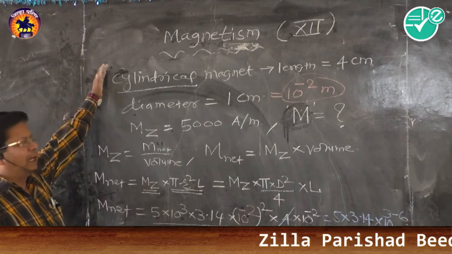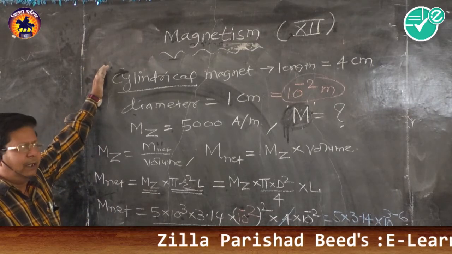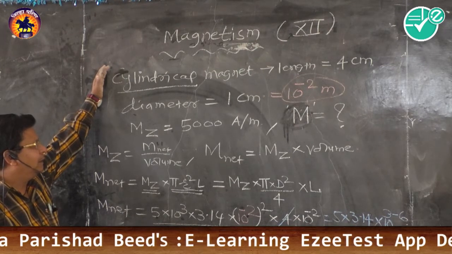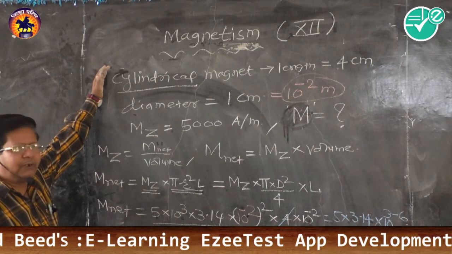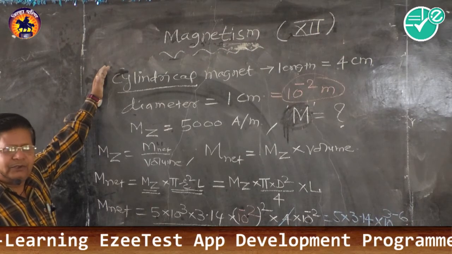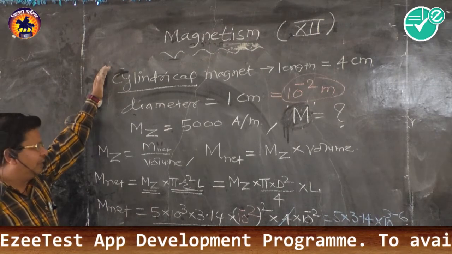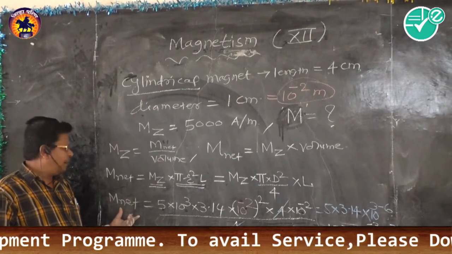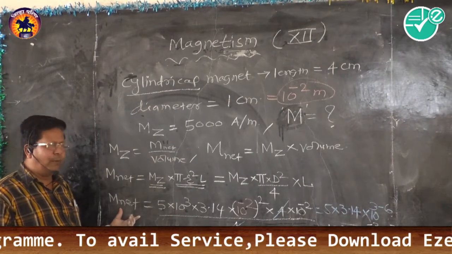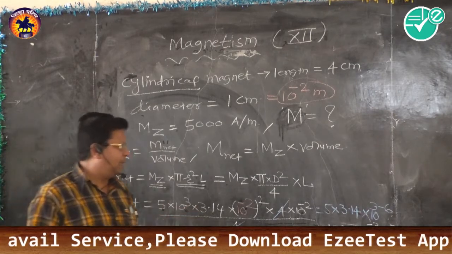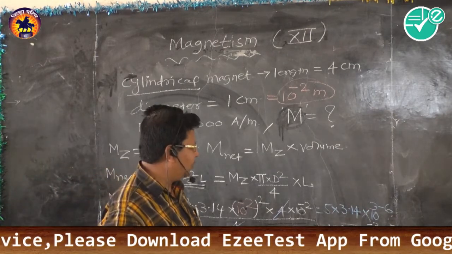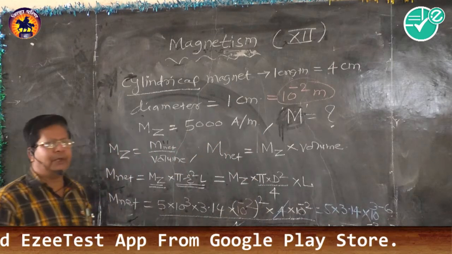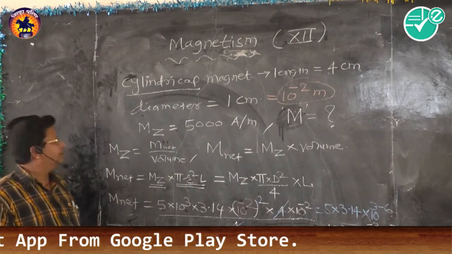So in this numerical we have taken a magnet which is in the form of a cylinder having length, having diameter, and magnetization is given, and from this we have calculated the net magnetic dipole moment, which comes out to be 15.70 into 10 to the power minus 3 ampere meter square.